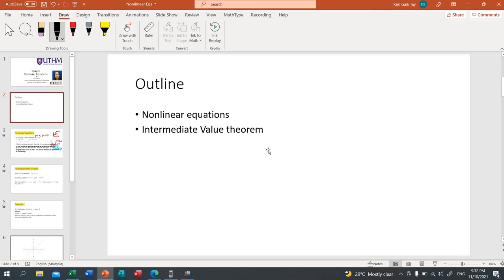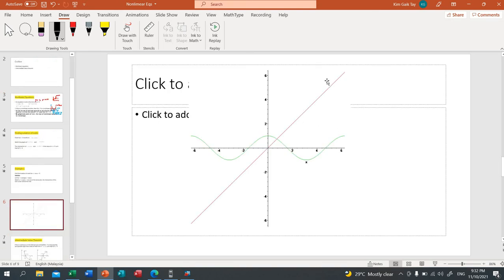Or you can break the graph here, the x minus cos x, because you know how to plot y equal to x, y equal to cos x. So this one you can break it, with the x minus cos x.